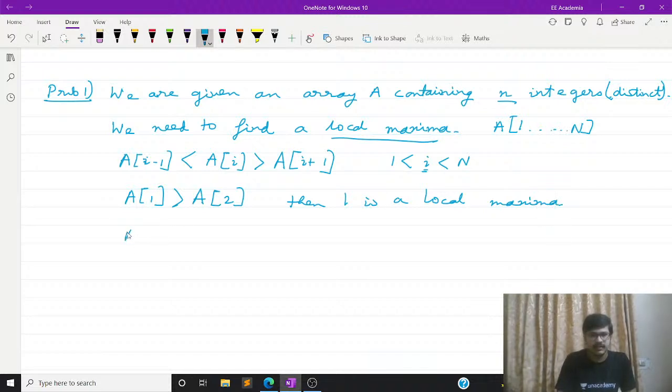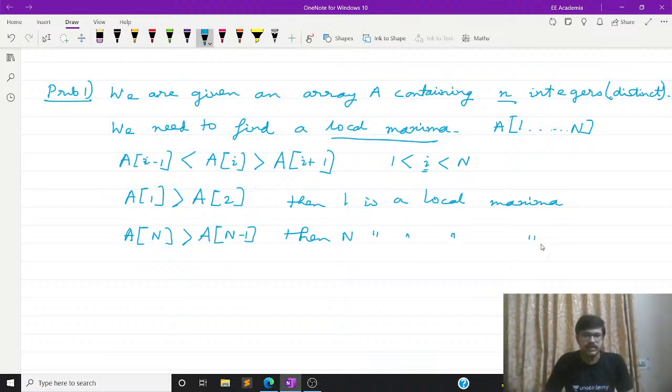And if the last element is greater than its previous element, a of n greater than a of n minus 1, then n is the local maximum. Okay, so this is what the problem states. Given an array, you need to find the local maximum.